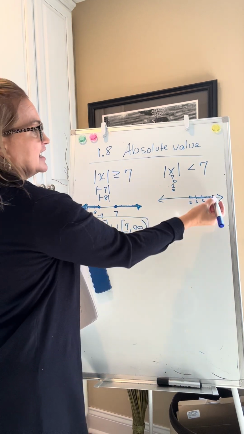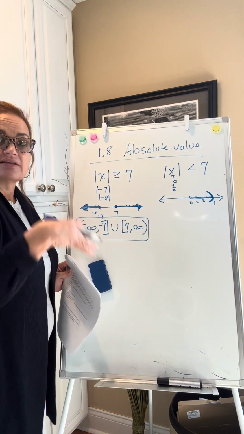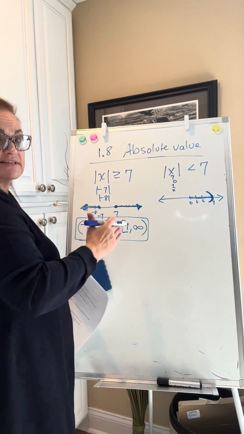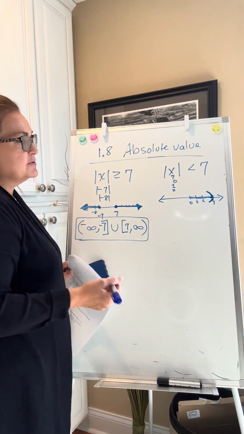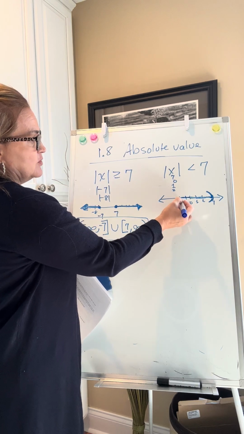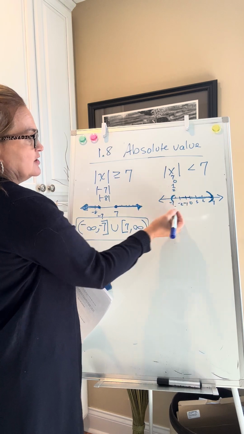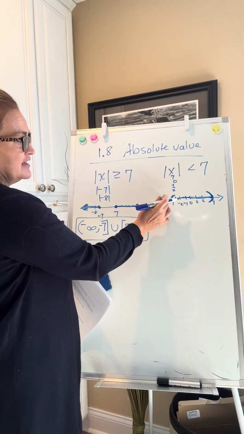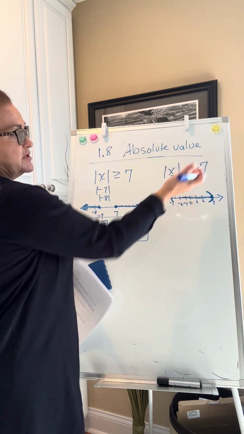This one doesn't have the line under it. So I'll use a parenthesis to show that I'm not including that endpoint, just 6 1/2, 6 3/4, right up next to 7, but not including the 7. Then going this way, it's the numbers like negative 1, negative 2, all the way back to negative 7. Once I get over here to negative 8, negative 9, those absolute values are 8 and 9, and so they're not going to be less than 7.